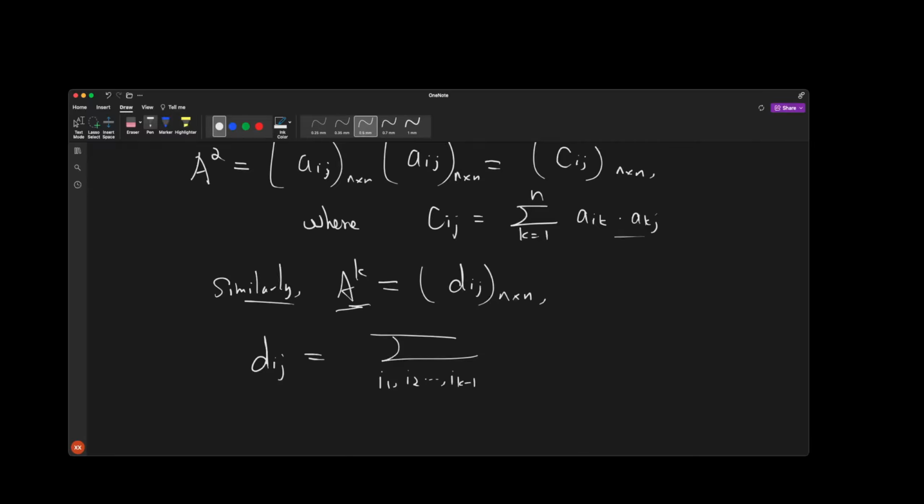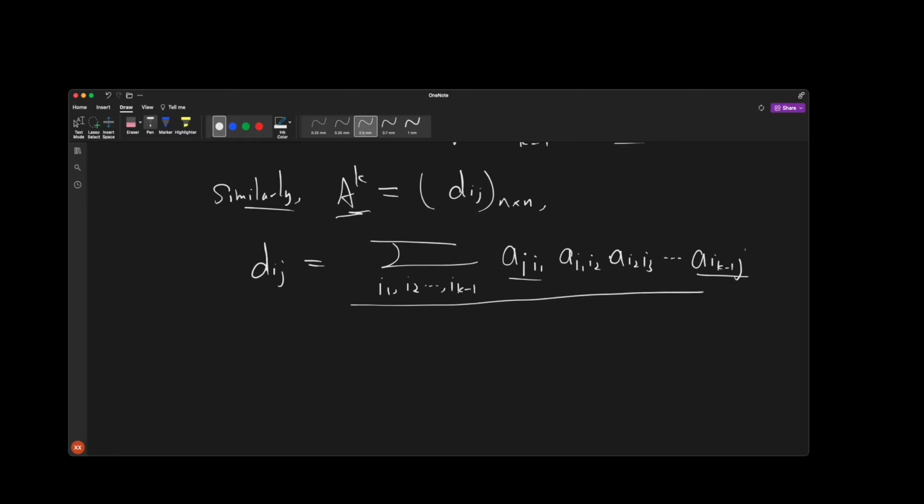Each time you have a new index, so you have k minus 1 indices. So this is like I start from i, and i1, and then a i i1 times a i1 i2, times a i2 i3, and so on, times a ik minus 1 j. You have to end at j. So I think this expression already gives you the sense that we are actually counting walks.